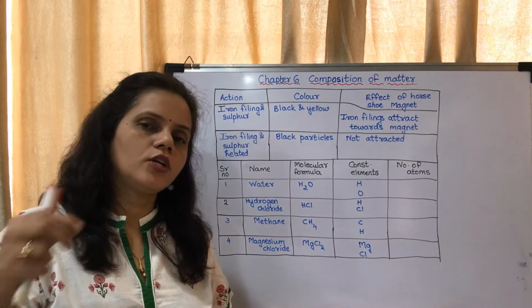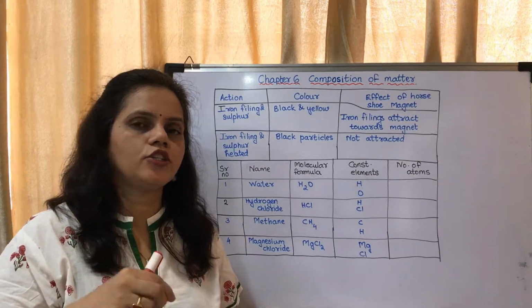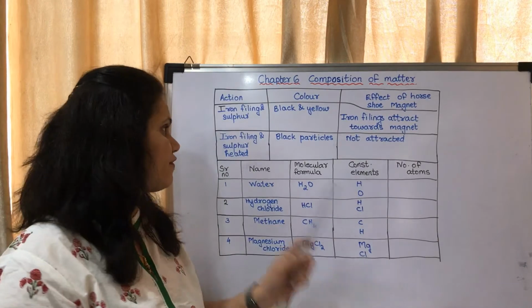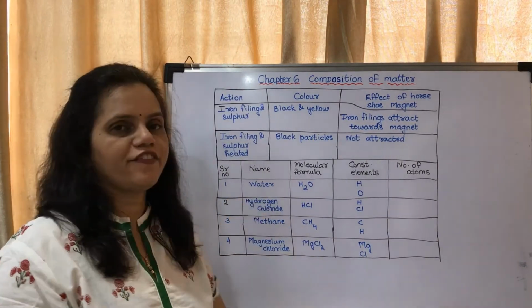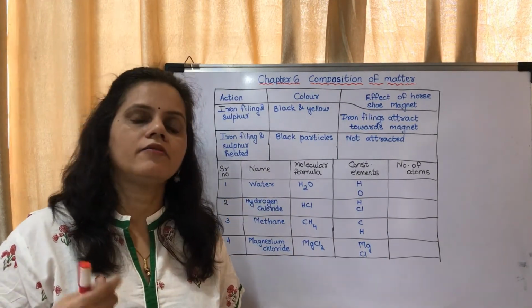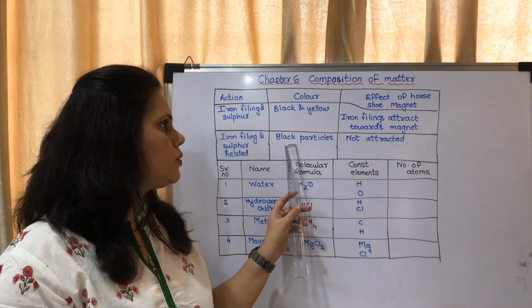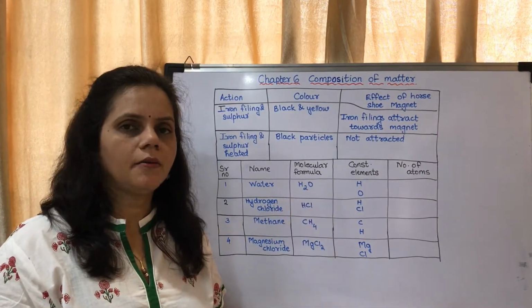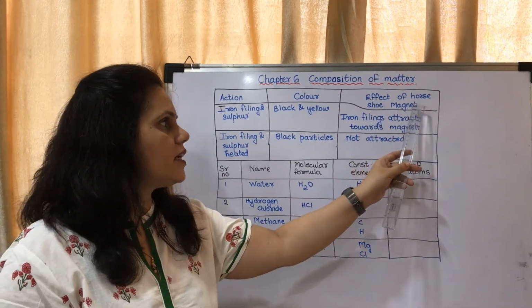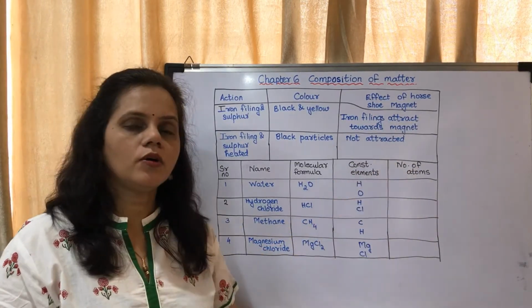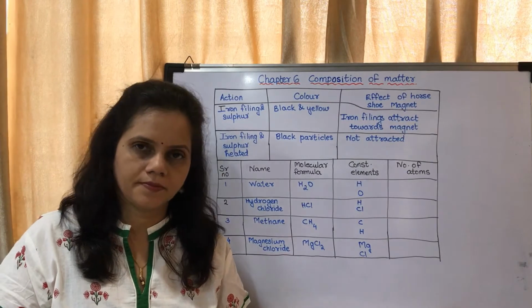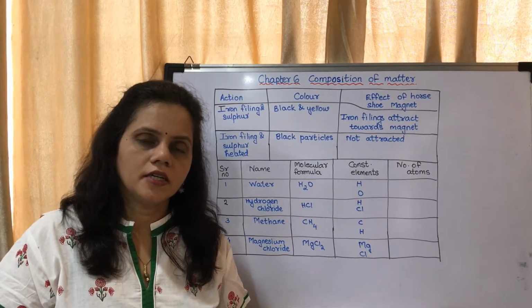Okay. Now what you are doing, you are heating together iron and sulfur. Iron filings and sulfur are heated together. Then what will happen? Iron will react with sulfur, so you will get black colored particles. And the effect of horseshoe magnet, they don't get attracted towards the magnet.